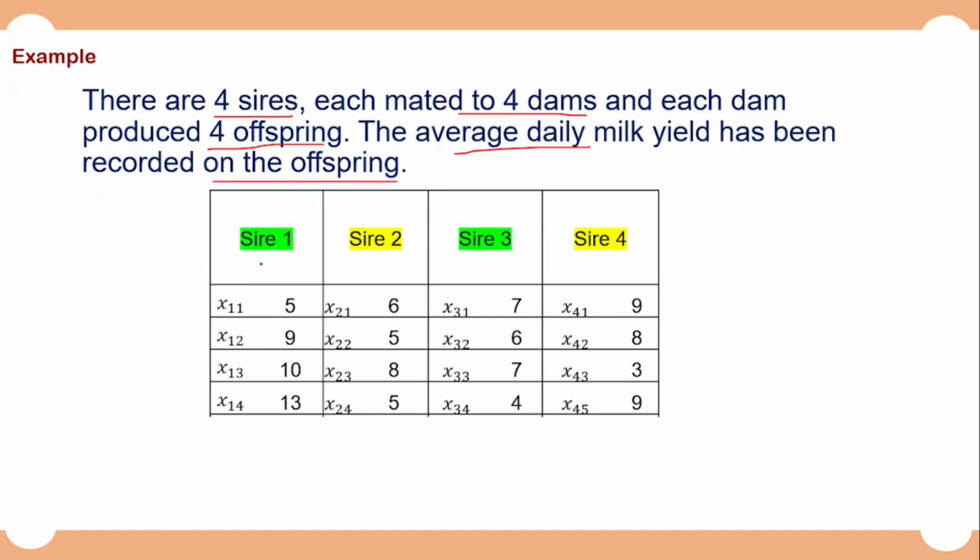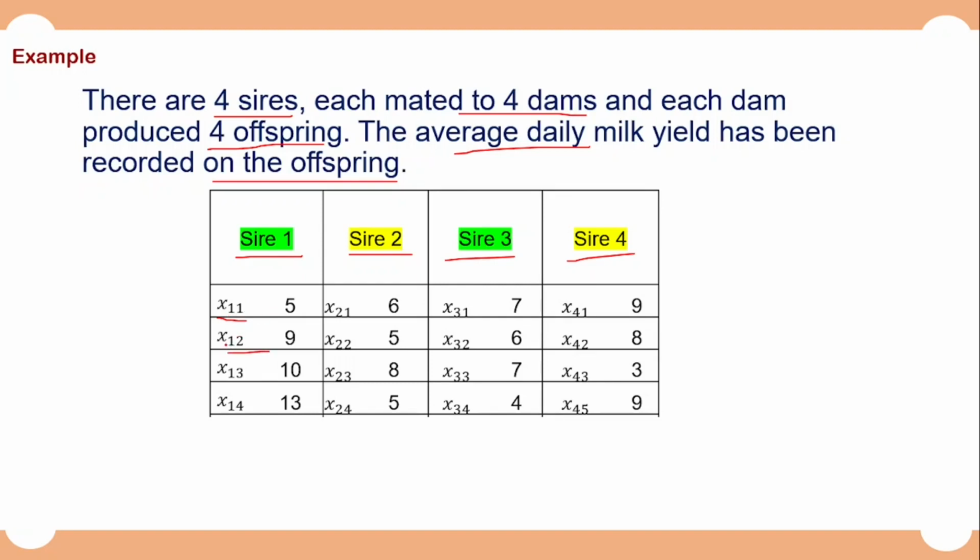So this first column shows sire 1's offspring, this second column shows sire 2's offspring, this third column shows sire 3's offspring, and sire 4's offspring are present in this fourth column. This first offspring is actually the offspring of sire 1 and dam 1.